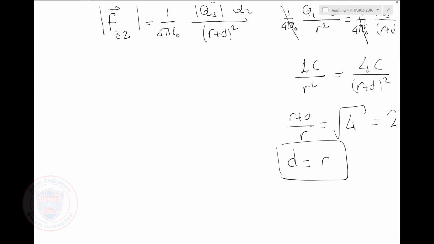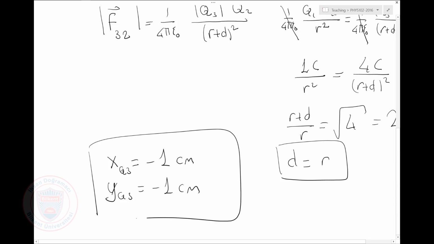So if D is equal to R, can you tell me the x coordinate of Q3? It should be minus 1 centimeters. Do not forget your units. How about y of Q3? It's again minus 1 centimeters.